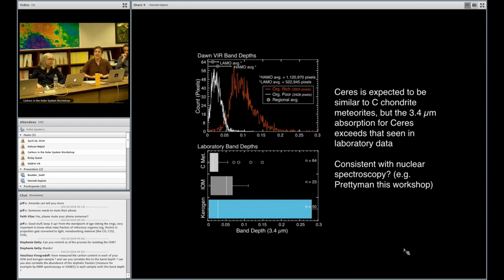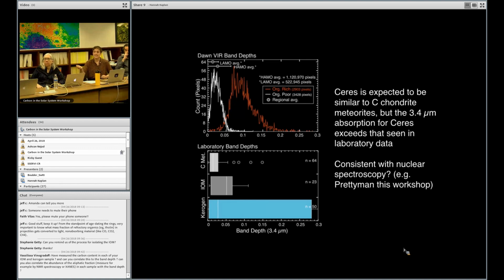The IOM, on the other hand, have a smaller range, and they tend to have band depths less than 0.15. And as I mentioned before, the IOM tend to have stronger absorptions than the bulk meteorites, and that's shown in the plot also, where besides a few outliers, for the most part, the meteorites have even weaker absorption strength.